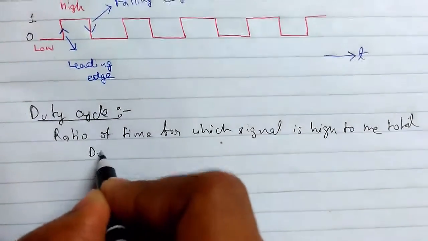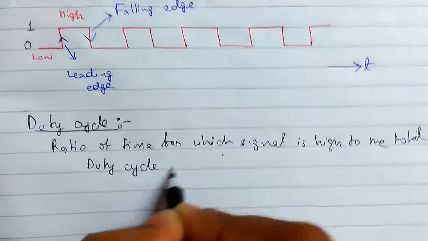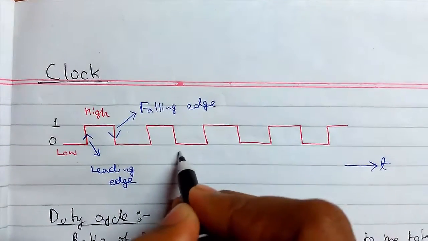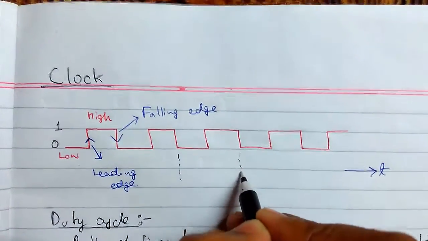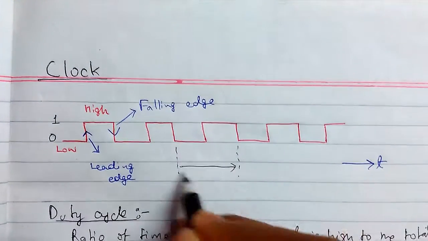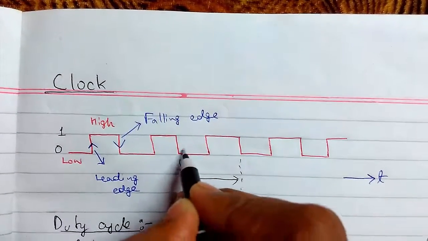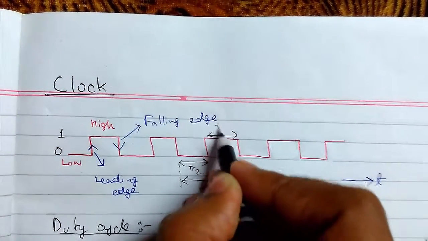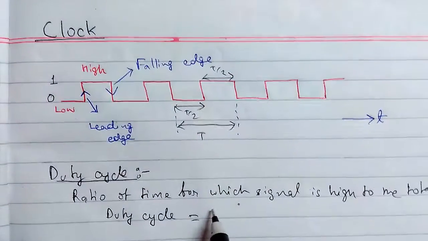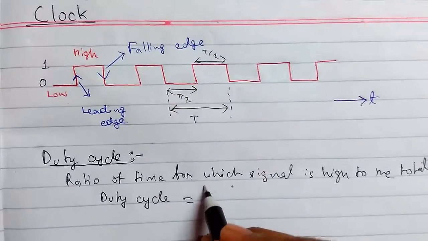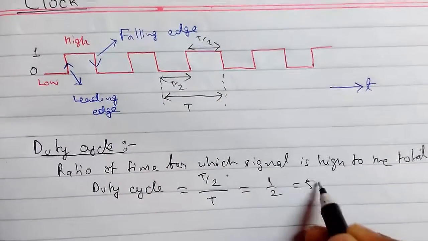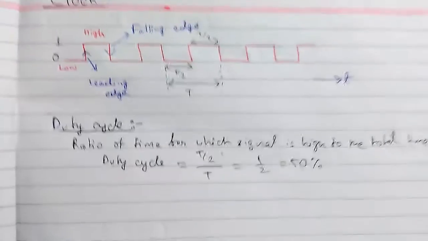So duty cycle equals, suppose we consider from this to this, this is a time period, t. We know that this time period is t by 2 and this time period is also t by 2. So the time for which it is high is t by 2 upon the total time t, so this will be half, or we can say 50%.